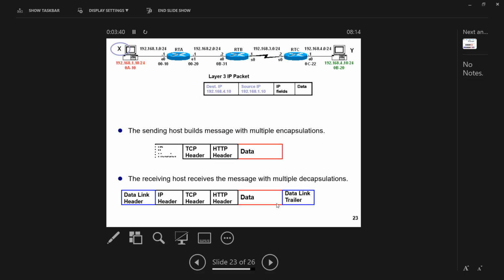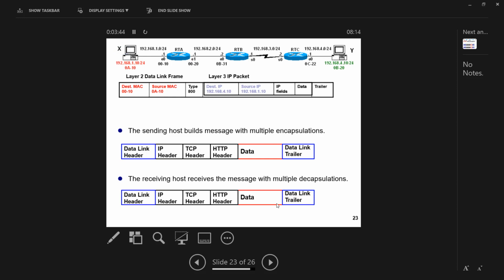And when we move the data from node to node, we add the source MAC address and the destination MAC address. This is the data link layer. So from node to node, if I move to router A, I will include the source and the destination MAC address of router A. But the IP address for the destination and source will be fixed because this is for the source and the destination.